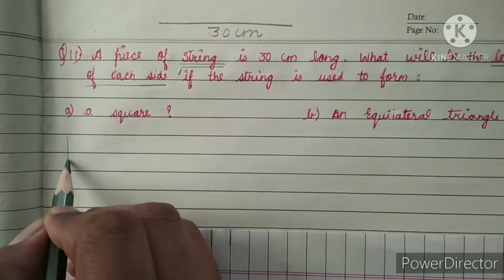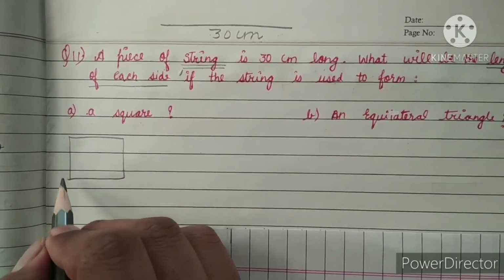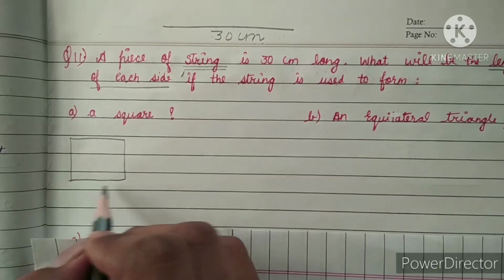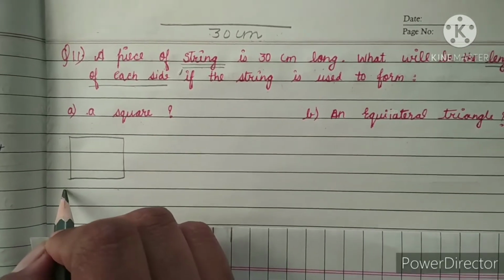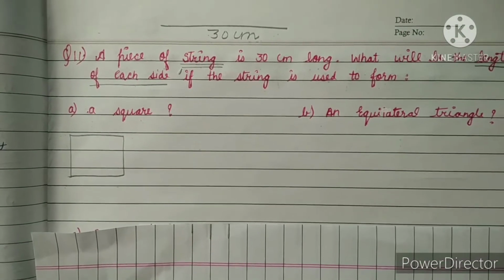So whenever we want to make the square, its total perimeter will be 30 centimeter.